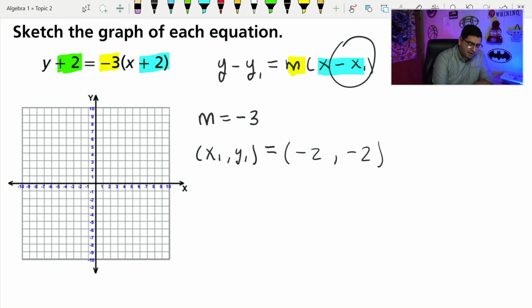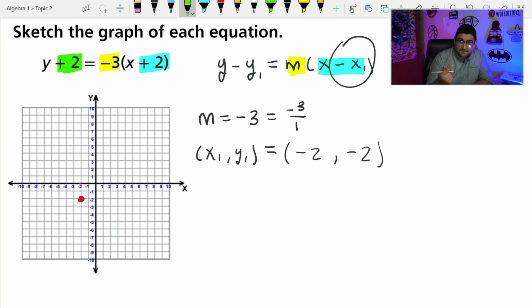Let's go ahead and graph our point. -2, -2. I go to the left 2, down 2. And again, very similar with our slope, we have to recall rise over run. So this turns into -3 over 1. And now, since we have a negative value, remember negative values mean you either go down or to the left.